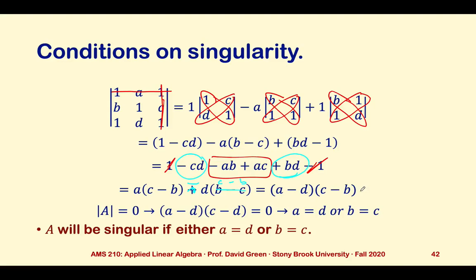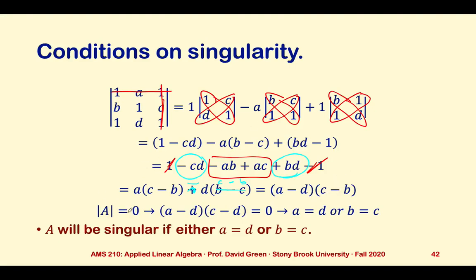When we're trying to assess singularity, it's always nice to be able to express something as a product of terms, because we're interested in the case where the determinant of A is 0. If we can express the determinant as a product, then the determinant will be 0 if any one of those individual terms is 0.